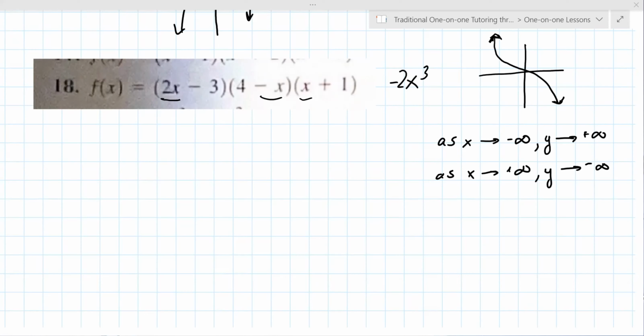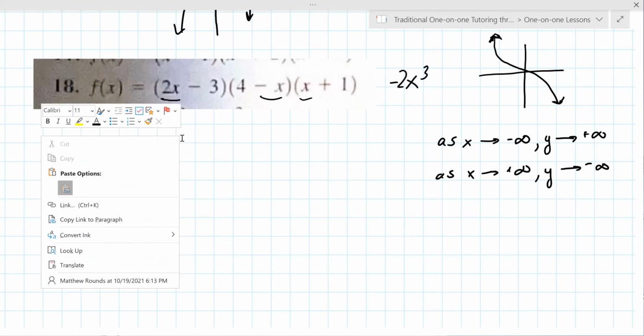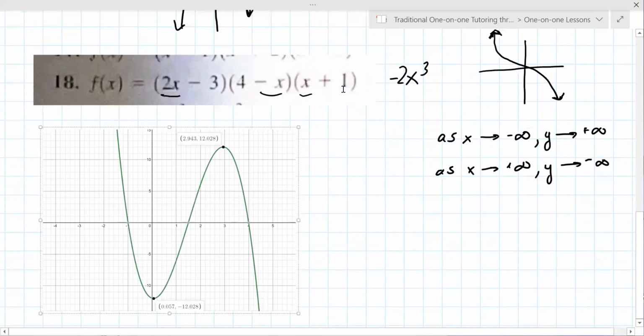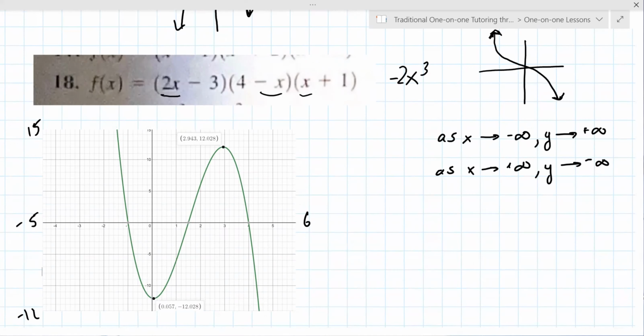Does it say to identify the extrema, or just to show them, like show a dot? It just says graph the function to show all of its extrema and x-intercepts. So we just need to see it. Yeah, and it was asking for your window. So it's from -5 to 6 and -12 to 15, something like that.